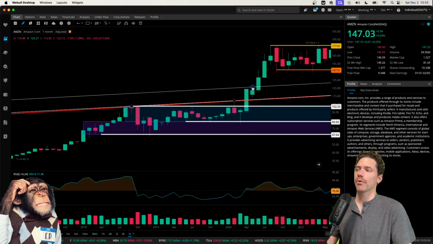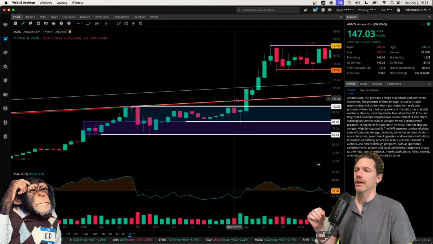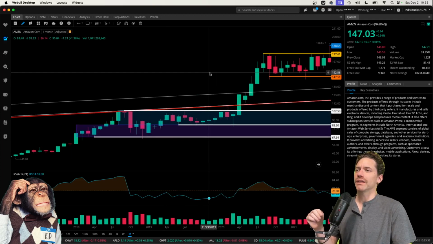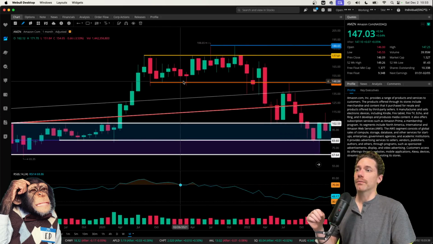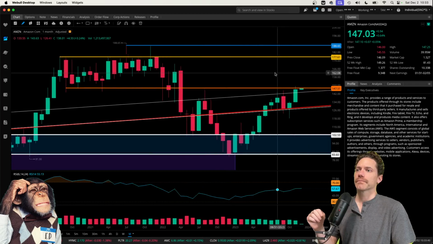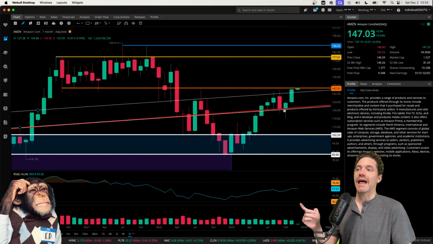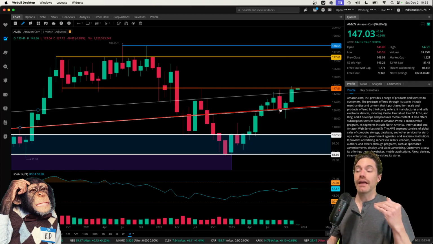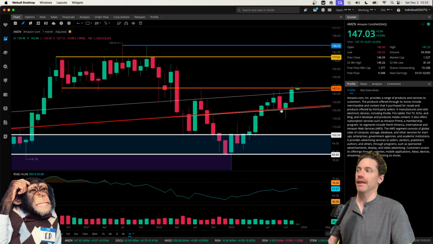So that's one pivot point in the top, and then these two pivot points for the bottom of that channel. And so as we can see where the current price is, we recently had a bounce at the bottom of that channel, as well as a test of that red line, which looks like it was support then.